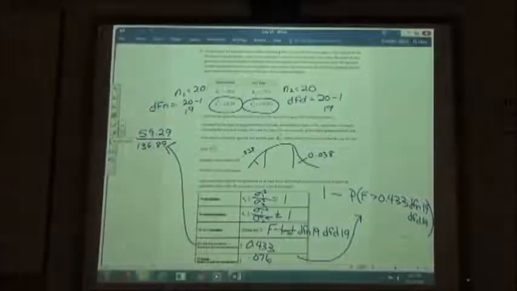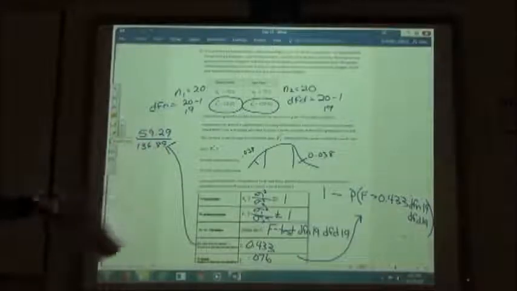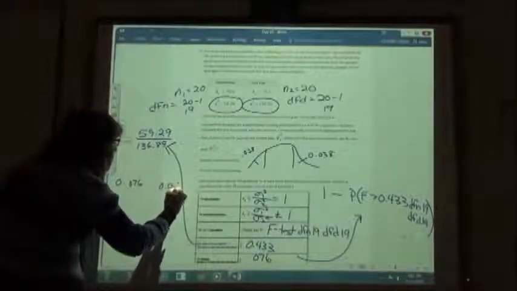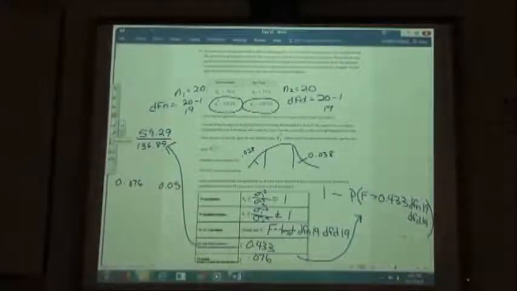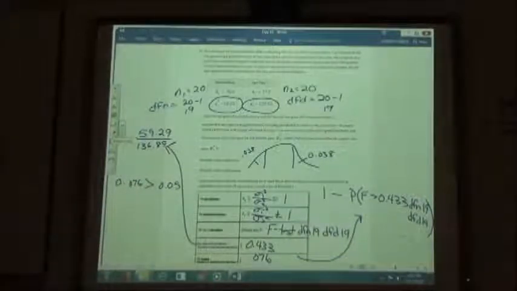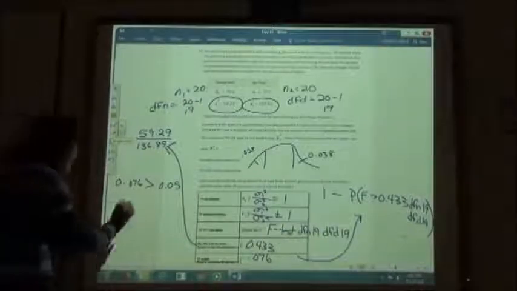I am then going to compare that to my level of significance. 0.076 compared to 0.05. Is that less than or greater than? It is greater than. And if that's a greater than, we are going to accept the null.